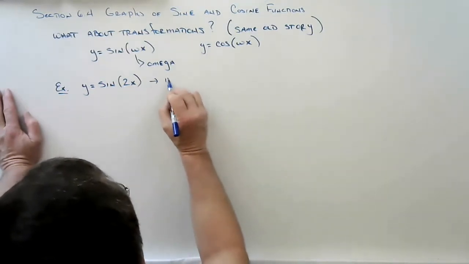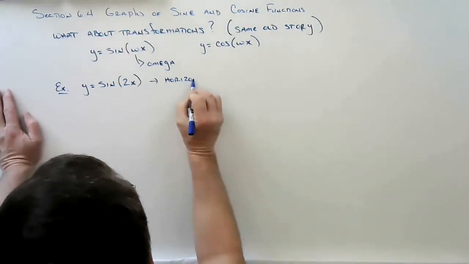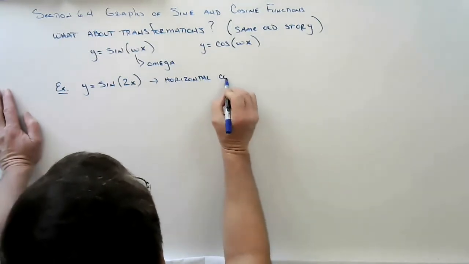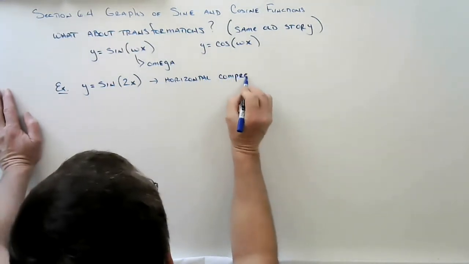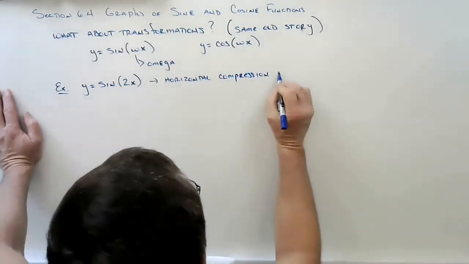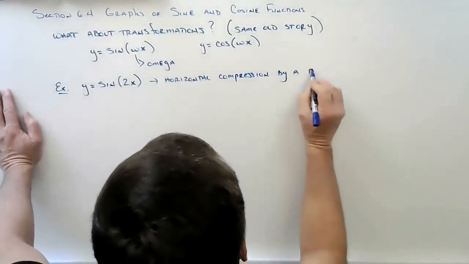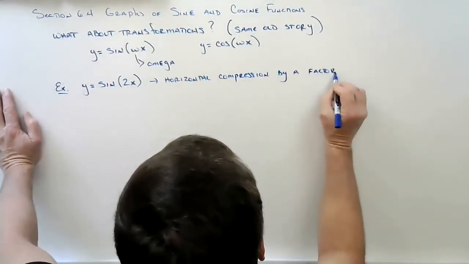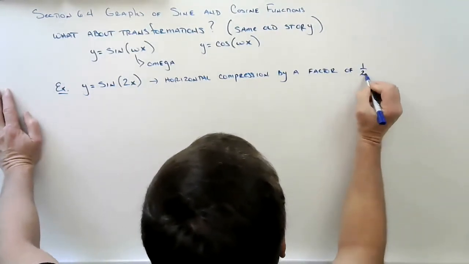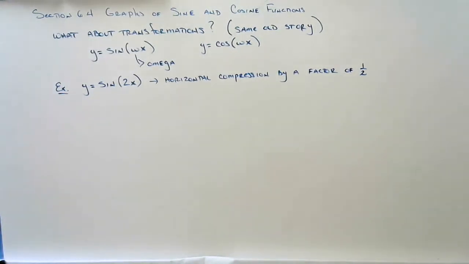We would have said this is a horizontal compression by a factor of 1/2, right? That's what we said back in chapter 3. The horizontal was one we had to fight to remember. We're like, oh, on the inside, it's backwards. So it's a 2, which is a bigger than 1 number, but that's not a stretch, that's a compression. That's the cross we had to bear back then.